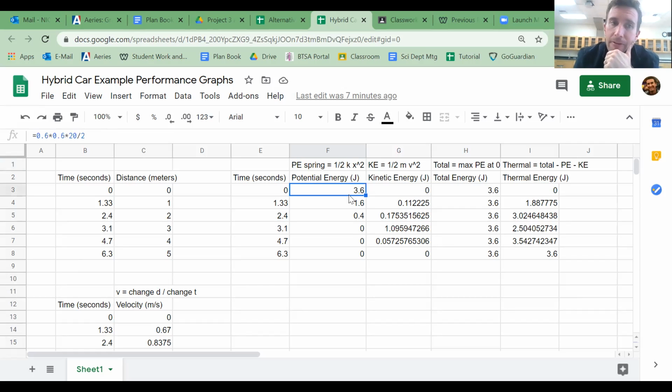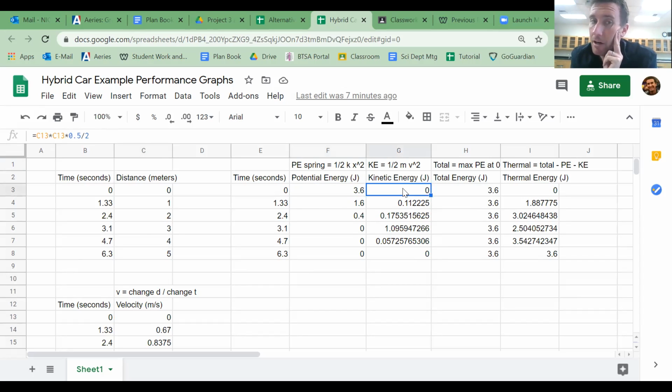And I put that in for the equation. So I did equals, my distance was 0.6 meters, times my spring constant was 20 newtons per meter, and then 1/2 of that, so divided by 2, right? Instead of doing divided by 2, I could also do times 0.5. Either way works. So it was 1/2 kx squared, and that gives me my potential energy.